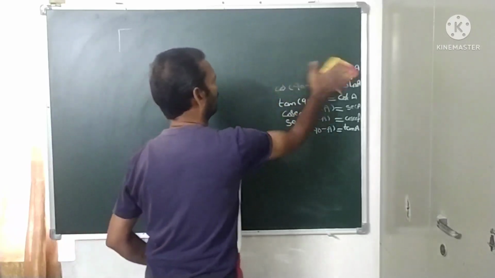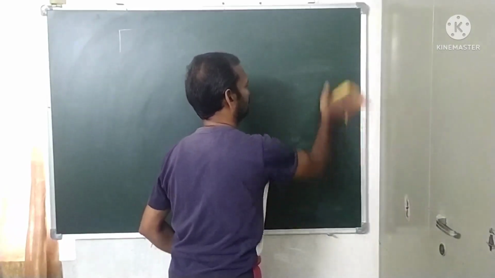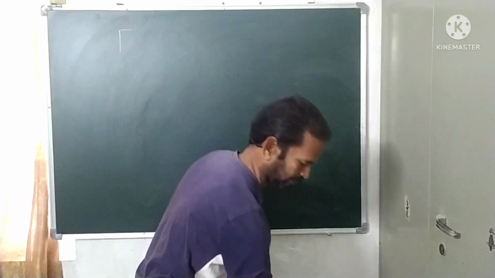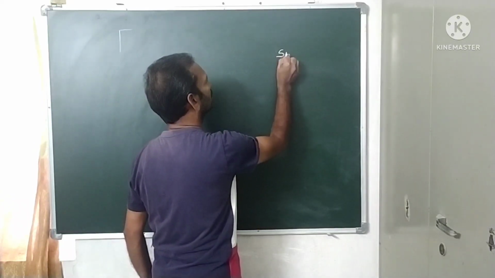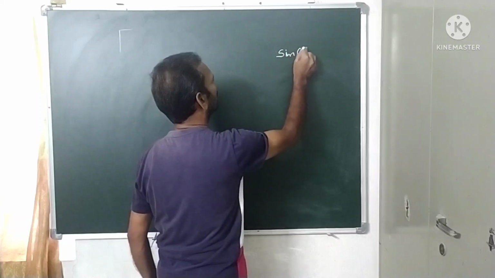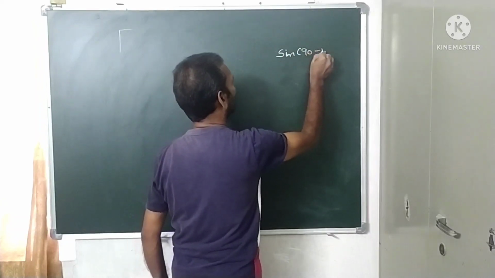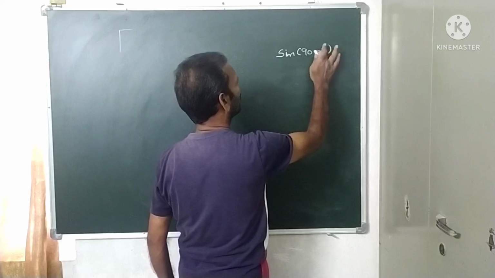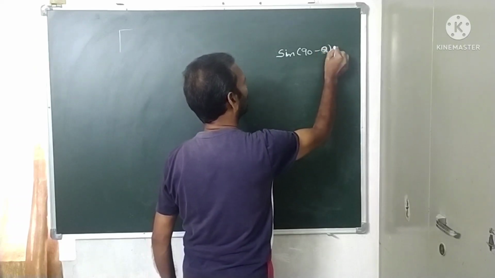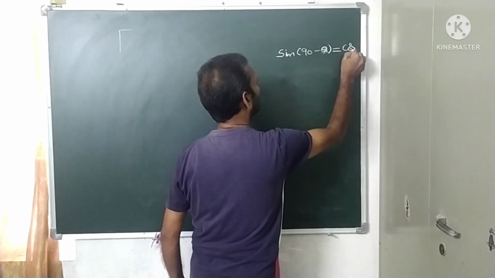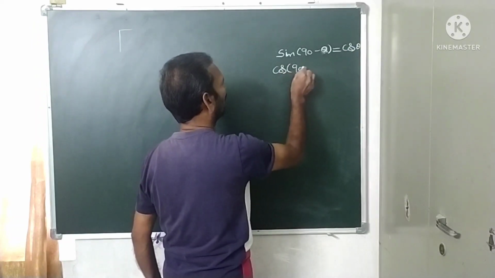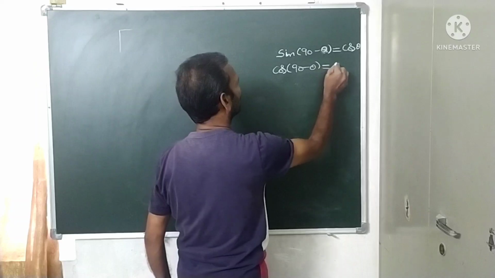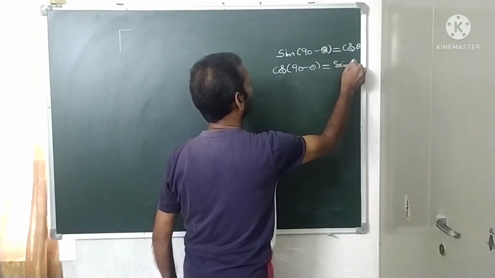This one again I'll write now. Sin of 90 minus A. A or theta, you can take: sin of 90 minus theta is equal to what? Cos theta. Cos of 90 minus theta is equal to sin theta.